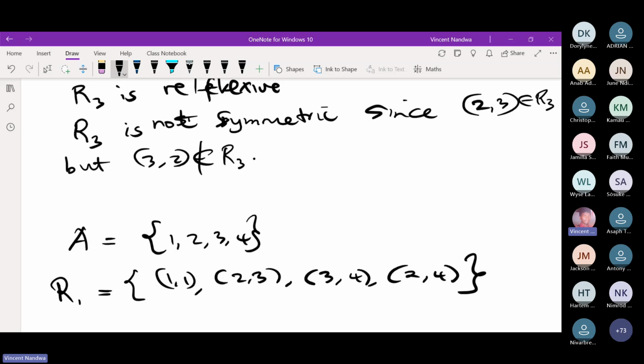Can I say that this relation R1 is transitive? Does R1 qualify to be called a transitive relation on set A?